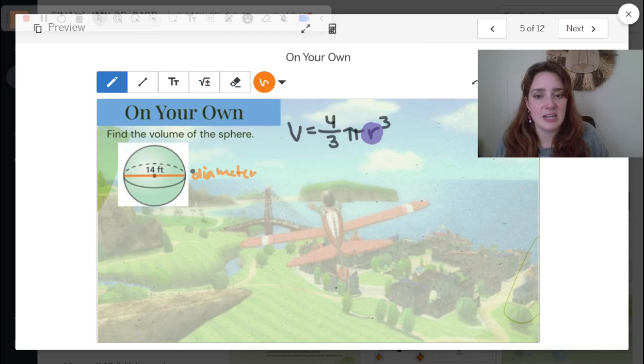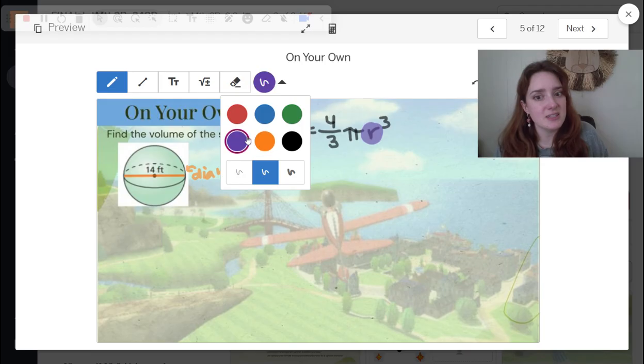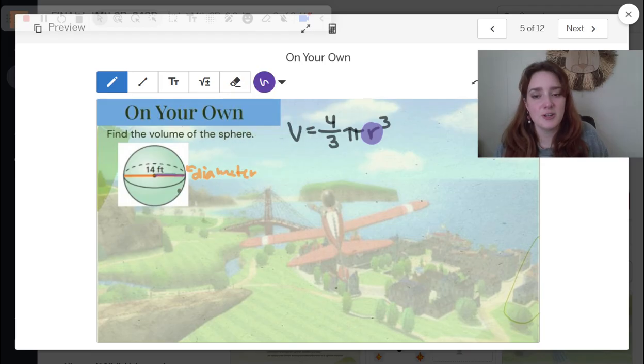But we don't want the diameter, we want the radius, right? Fear not, remember the radius is just half of the diameter. So 14 divided by 2 is 7. So the radius, r, is 7.